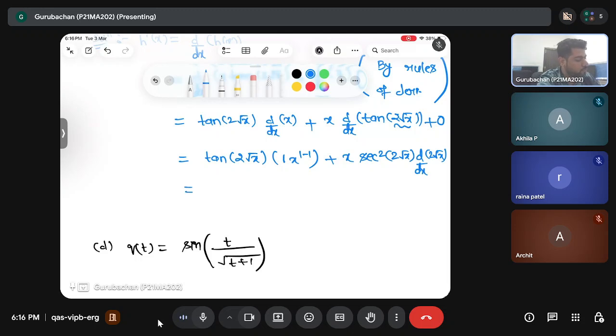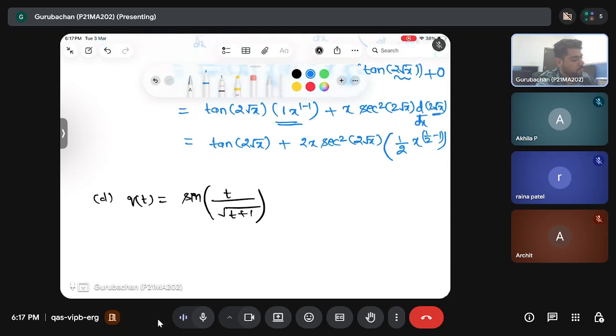So this will give you tan 2 under root of x plus x secant square 2 under root of x, and this will be half x to the power half minus 1.